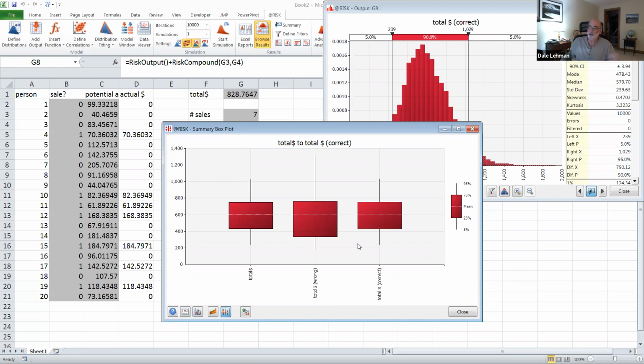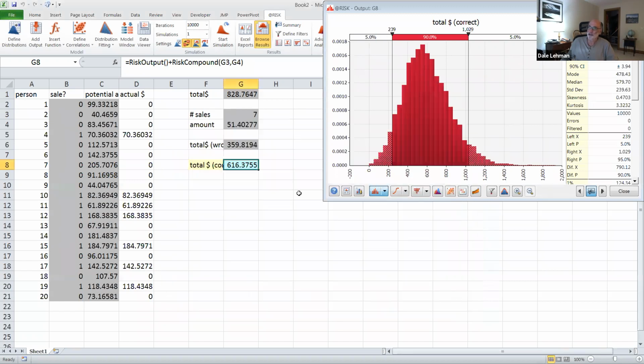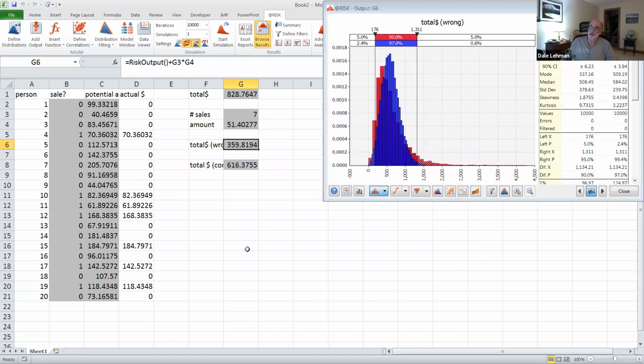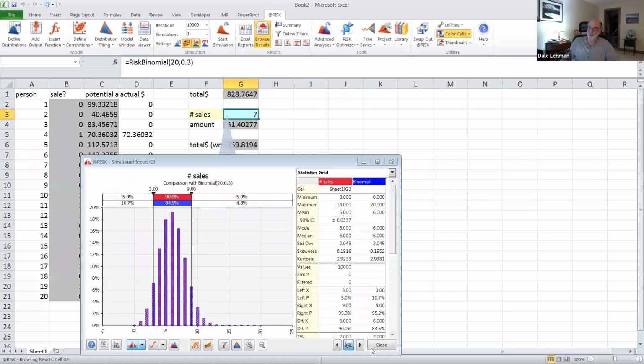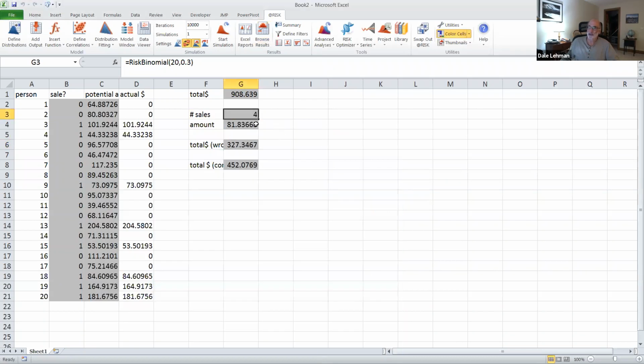So the risk compound function is the way to correctly model frequency severity. The only thing from the short model that's correct is the average that you get from this cell will be very close to the right average, but the range of variability is all off. So you can build a very simple model. I mean, this is a 3-line model. How many sales? What does the severity distribution look like?